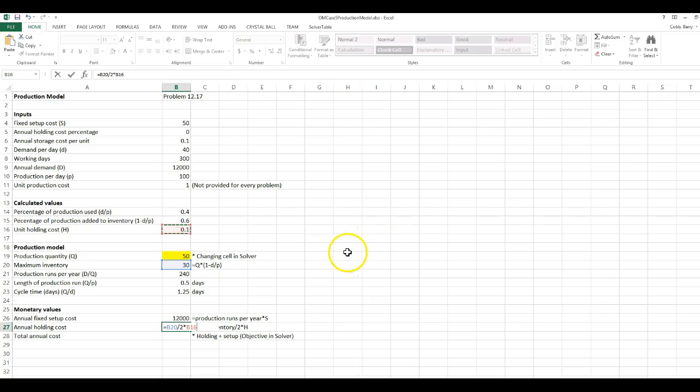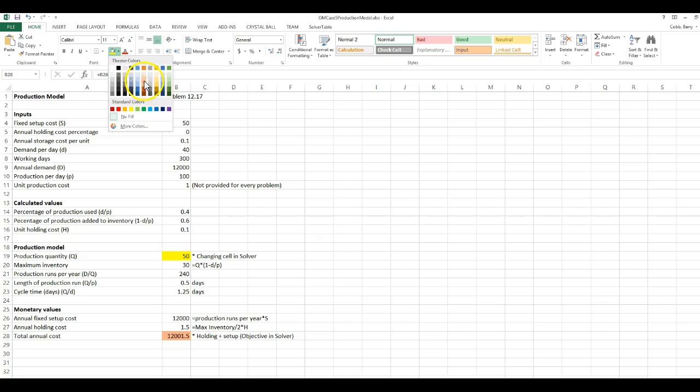Keeping in mind that the maximum inventory is not equal to Q, it's equal to Q times 1 minus D over P. The sum of these two costs is the objective in Solver, so I'm going to highlight it in a different color.